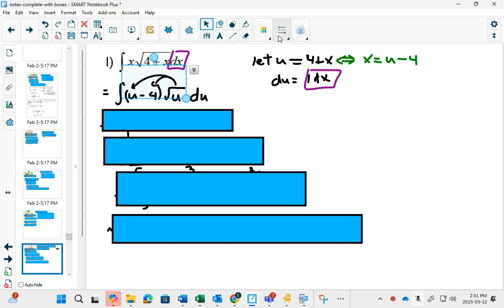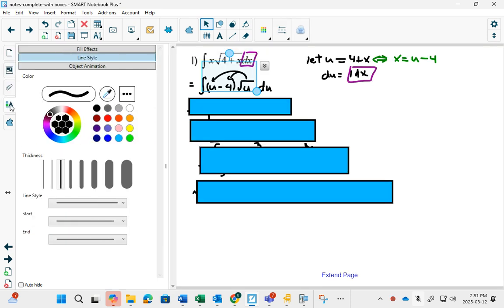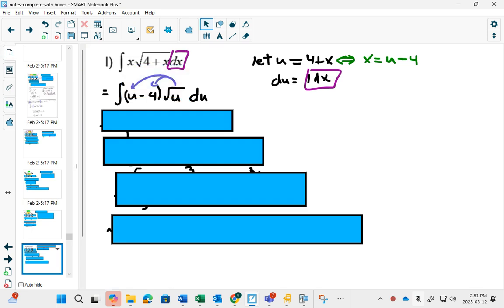I feel like that should be a different color. Let's go purple. Yeah. I can distribute it here. And if I distribute it there, I will get, this is u to the half, this will be u to the 3 halves minus 4 u to the half. And then they're all powers, and integration is easy.